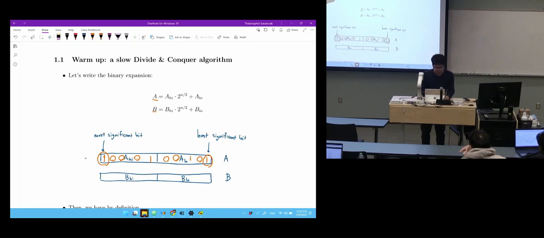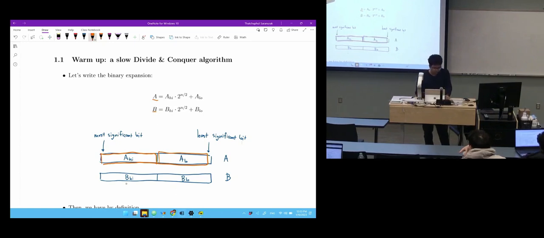And then what I'm gonna define is that the first half here, the most significant half, I call it a high. This is just a number of length n over 2, right? And then there is a low on this half, just another number of length at most n over 2.